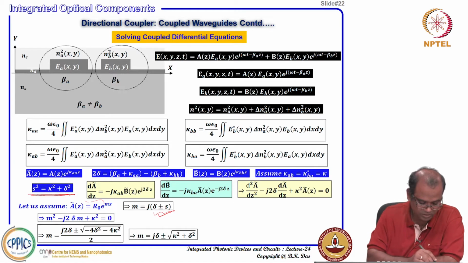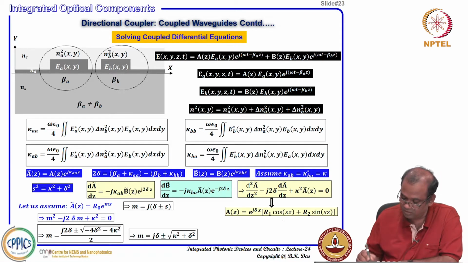For this type of root, we can consider a solution of this kind: r1 e to the power j delta plus s, plus r2 e to the power j delta minus s.